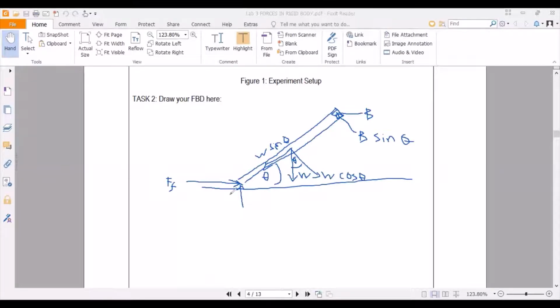We also have forces in the Y direction, and we can reflect to B, Y. After finishing all of the FBD, we can go on.